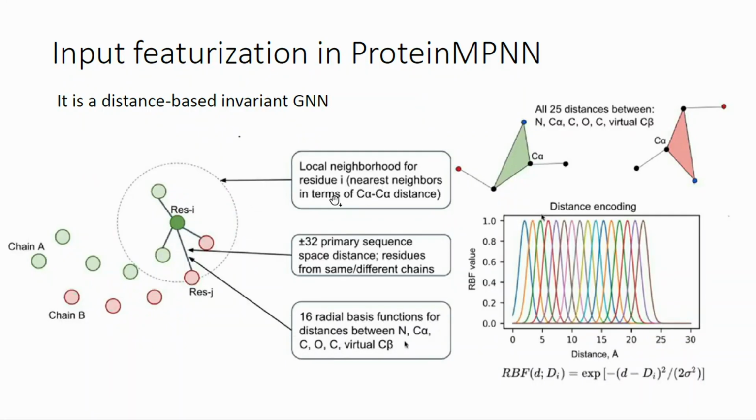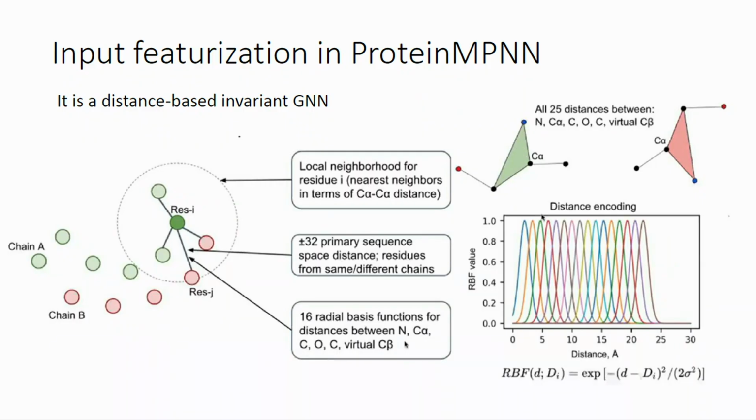And there are 2 versions of MPNN. One only computes the distance between C alpha and C alpha, that's the C alpha only MPNN. And they have a different version that captures all pairwise distances between N, C alpha, C, O between pairs of amino acids. And these distances become the features of the edge that we use to characterize this invariance.